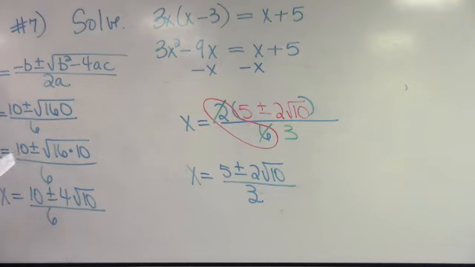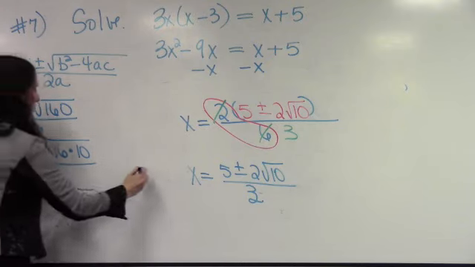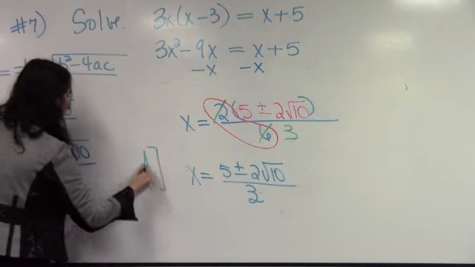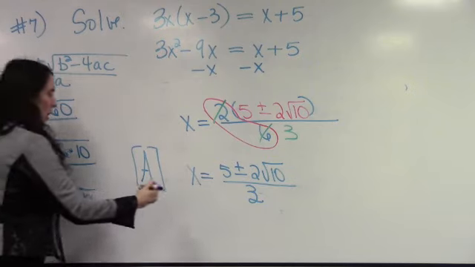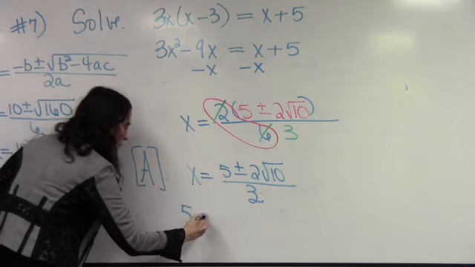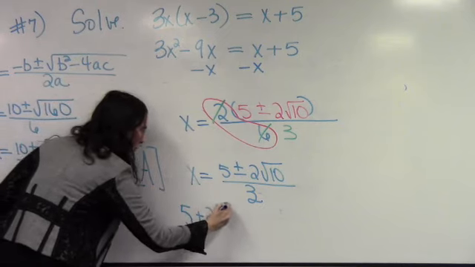All right, so let's look at how they wrote their answers. So I should be picking A. So A is an apple. Keep in mind, if they wanted to, could they have written them separately? Yes.